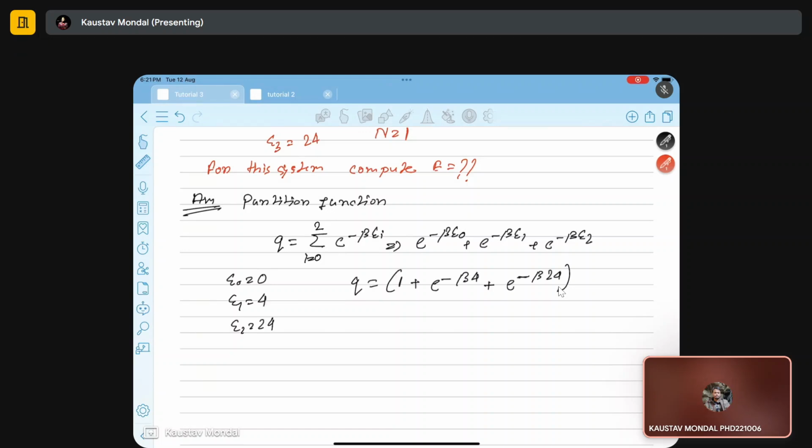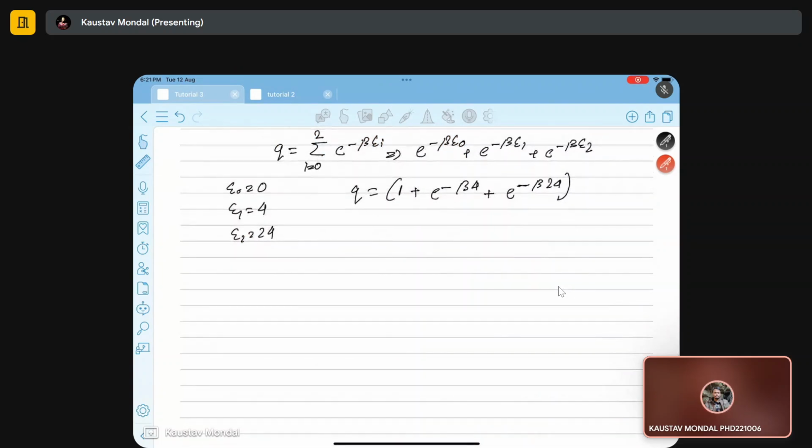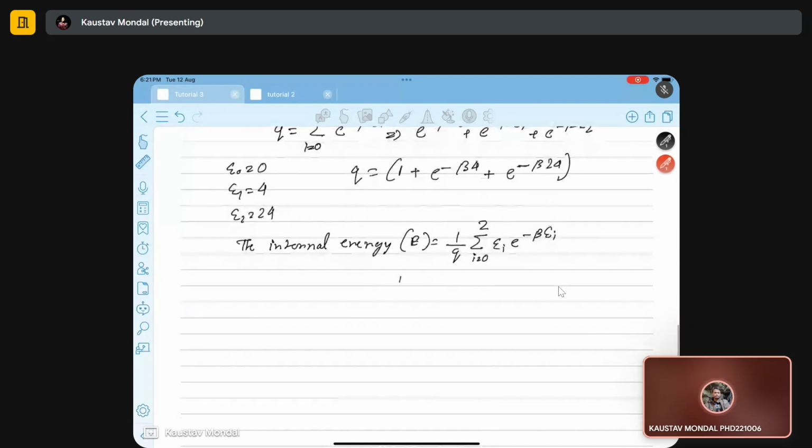Now from here, the internal energy would be E equal to 1 by Q summation over i from 0 to 2 of Ei e to the power minus beta Ei. So that means E would be simply 1 by Q times 0 into e to the power 0 plus delta e to the power minus beta delta plus 2 delta e to the power minus 2 beta delta.